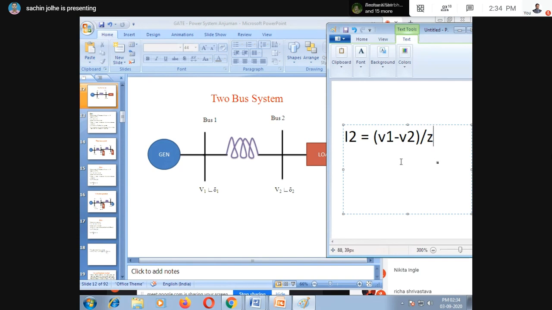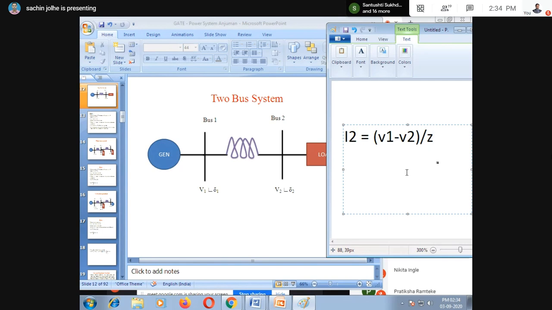Now if I want to calculate the value of V1 and V2, if either one of V1 and V2 is given, then by the formula, if we are calculating V1 and V2 is given, it is very easy to do the calculation.